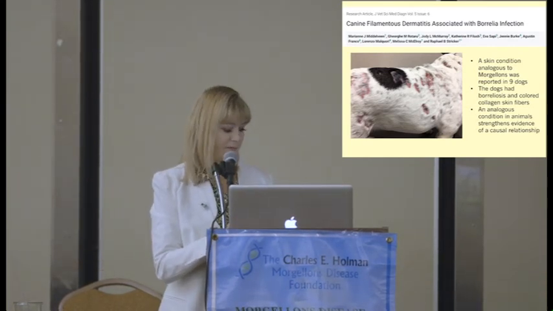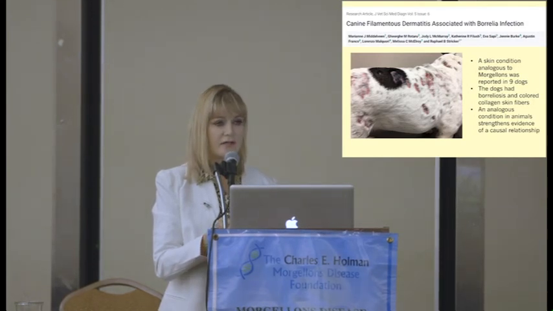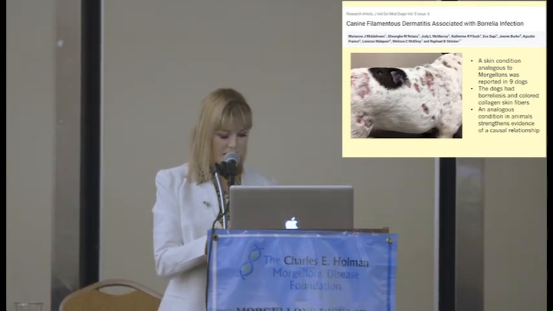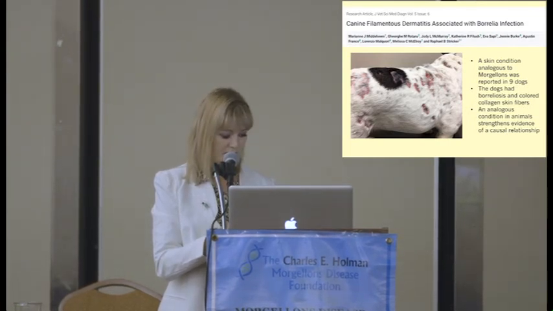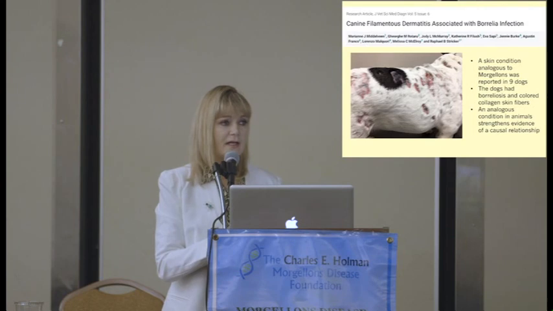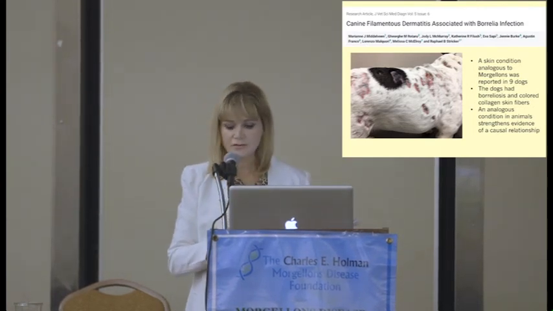They also had defects in keratinization, such as deformed hairs and the thickened follicular casts that we see in humans. They too had detectable Borrelia associated with their diseased tissue. So an analogous model provides evidence of a causal relationship.